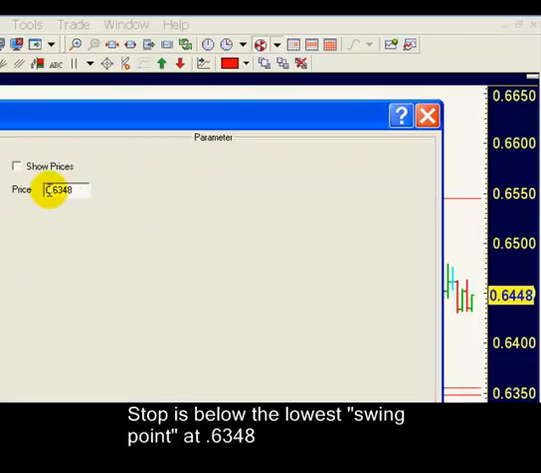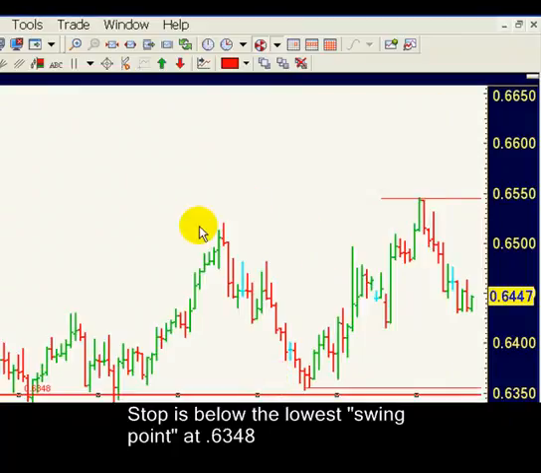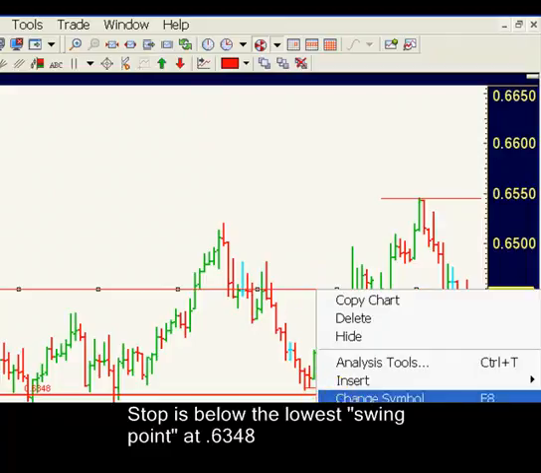Parameters. So I'm going to show the prices. Price gets down to that point, that's my catastrophic stop. My limit is going to be up at 61. Let me put that in.